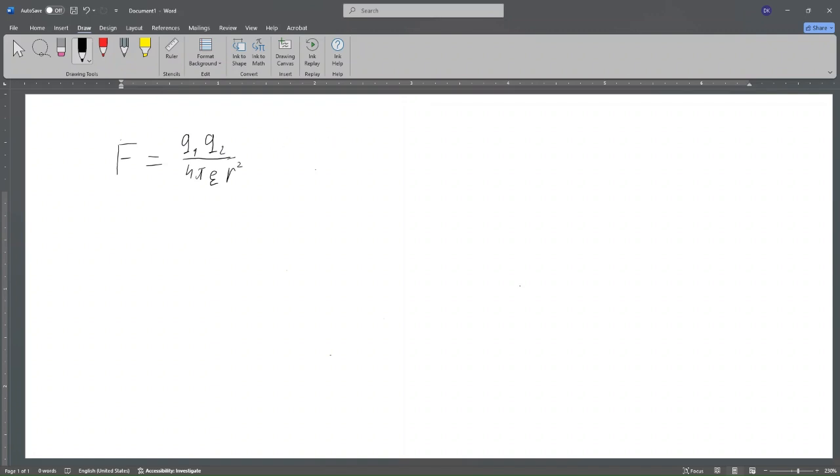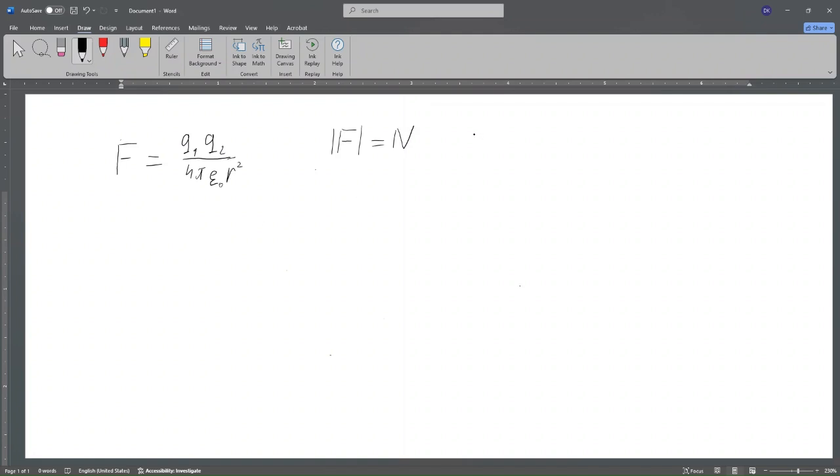Okay, later F. The dimension of force is Newton. The unit is called Newton. Okay, and what is next? Next is to describe the electrical constant.